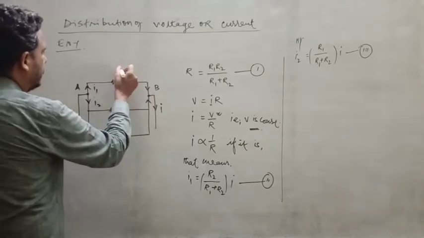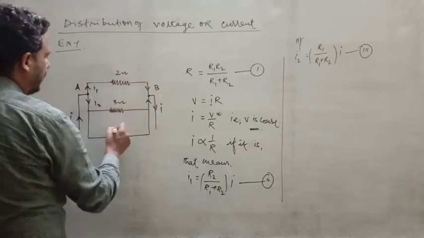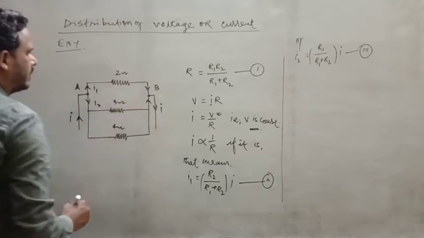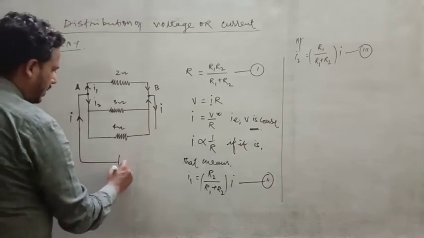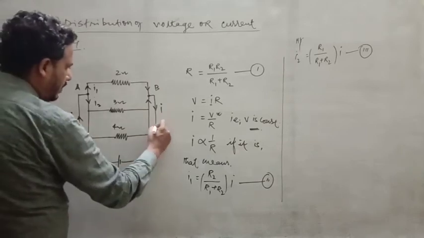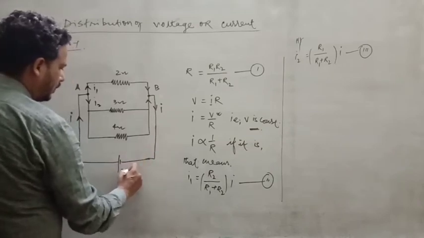Here you can take this one as 2 ohm, this one as 3 ohm, and this one as 4 ohm. Similarly, I am going to connect an EMF of magnitude 2 volt to the circuit diagram.